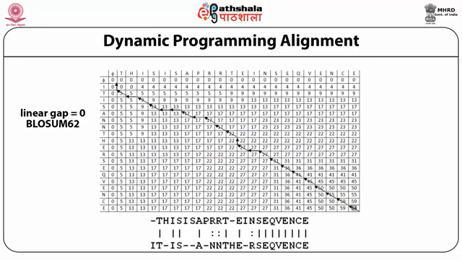This manual dynamic programming alignment using the Needleman-Wunsch algorithm with BLOSUM 62 and 0 gap penalty produced 14 conserved positions, that is 14 similarities, 3 conservative substitutions with 7 gaps, having an overlap alignment length of 24. So students, let us now summarize what we have learned in this module.